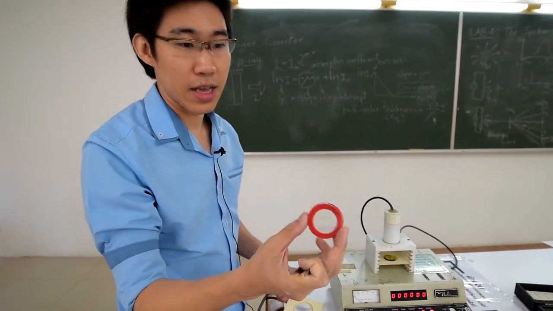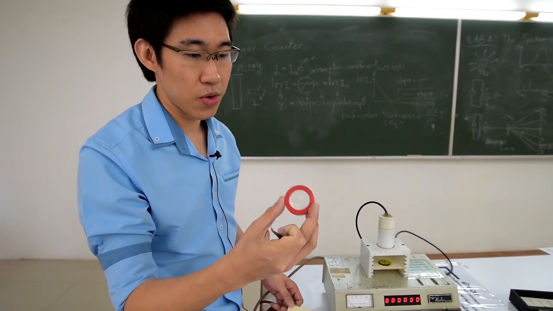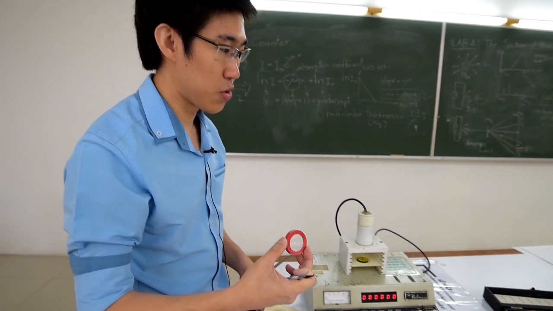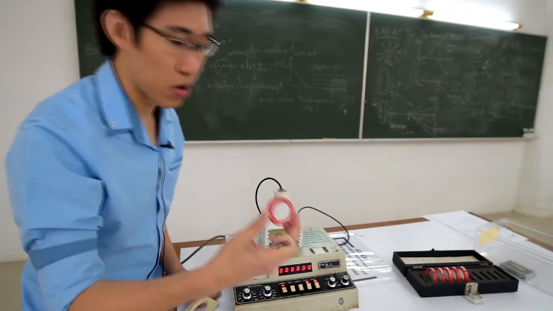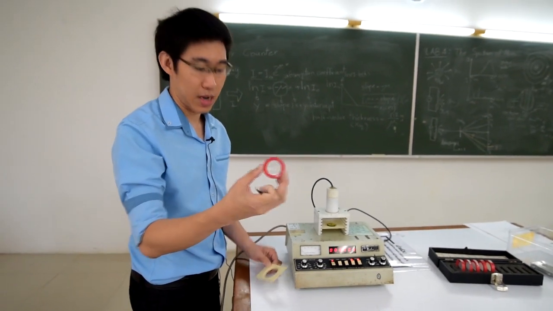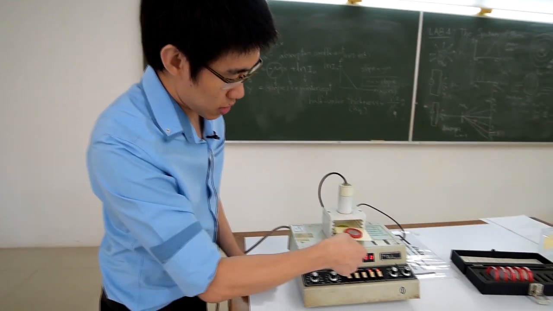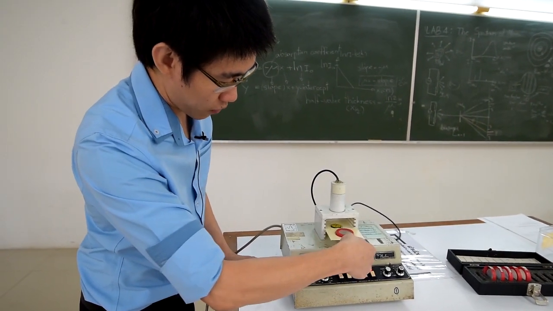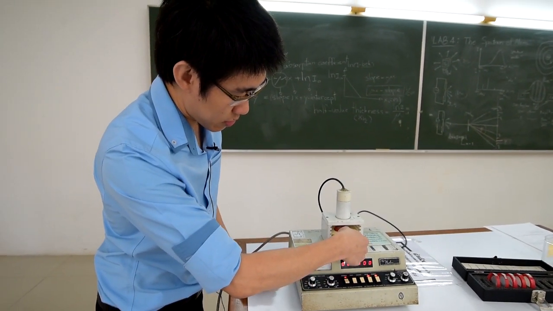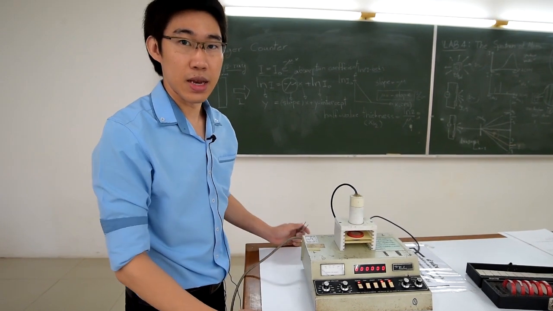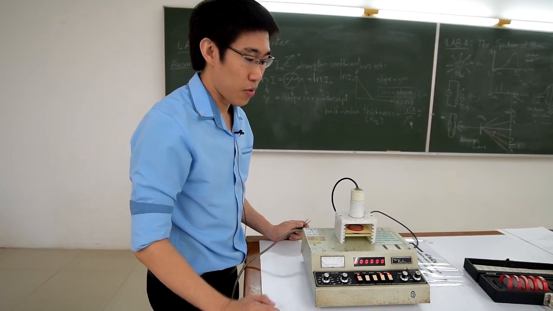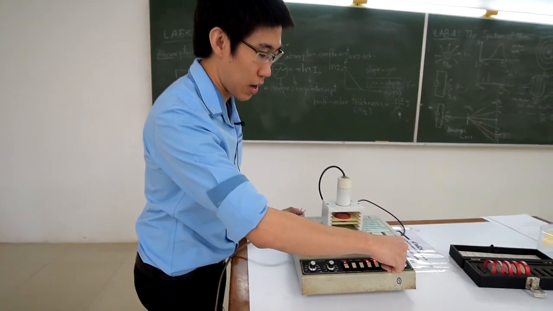This one is a polymer. So we will put this material in the third socket from the top. And the thickness of this material is 0.01 centimeter.